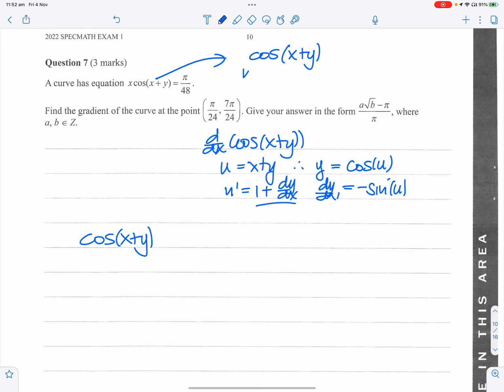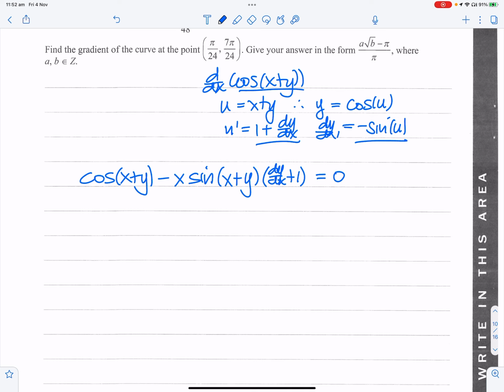So that is the derivative, and when I multiply them together I've got to multiply it by x. So I'm going to get minus x sin(x + y) times (dy/dx + 1), just because it's easier, is equal to 0.